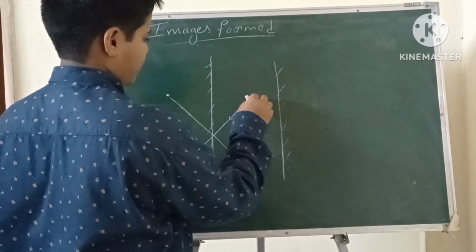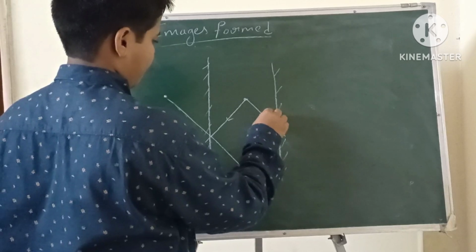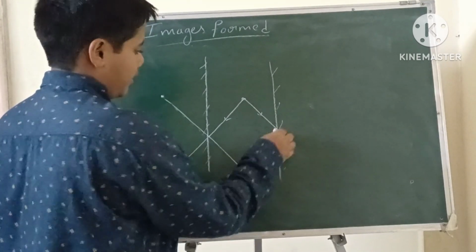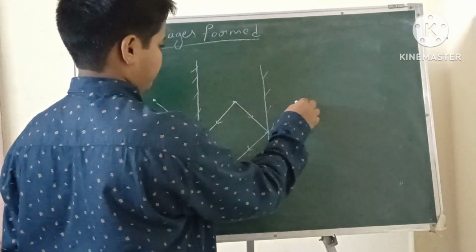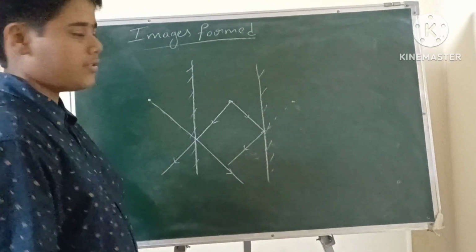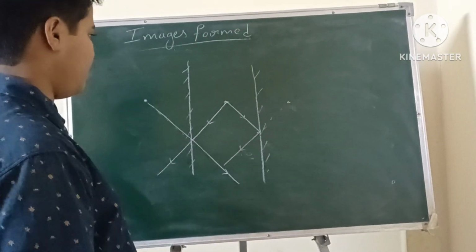Here this is the incident ray and this is the reflected ray. The image is here. So these are the images formed in parallel mirrors.